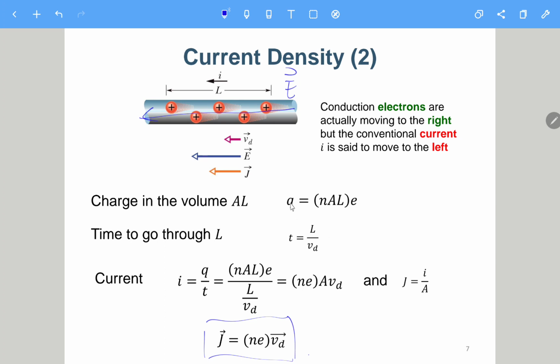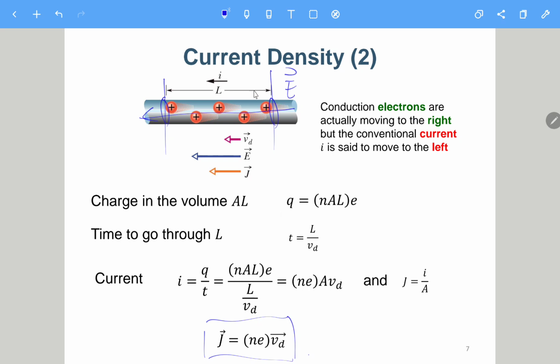Okay, so here we try to consider how many charges are within this volume. Of course this is a wire, you consider it is a cylindrical shape with some radius.